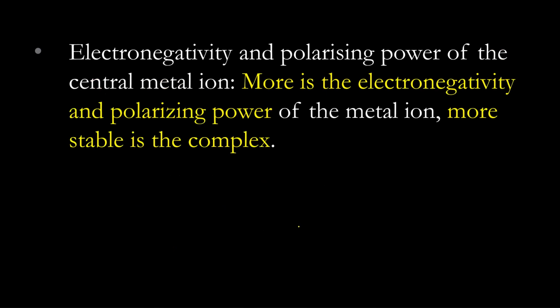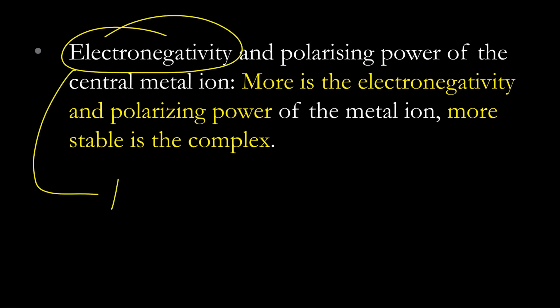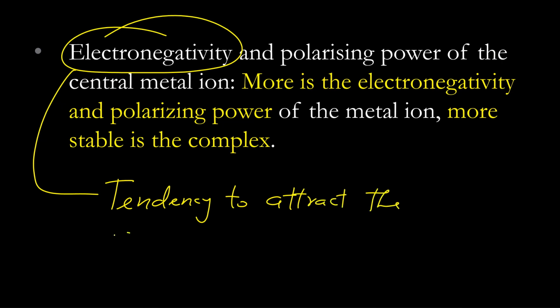Electronegativity and polarizing power of the central metal ion also decide the stability. More is the electronegativity and polarization power of the metal ion, more stable is the complex. Why? By definition, electronegativity is the tendency to attract the shared electron pair.